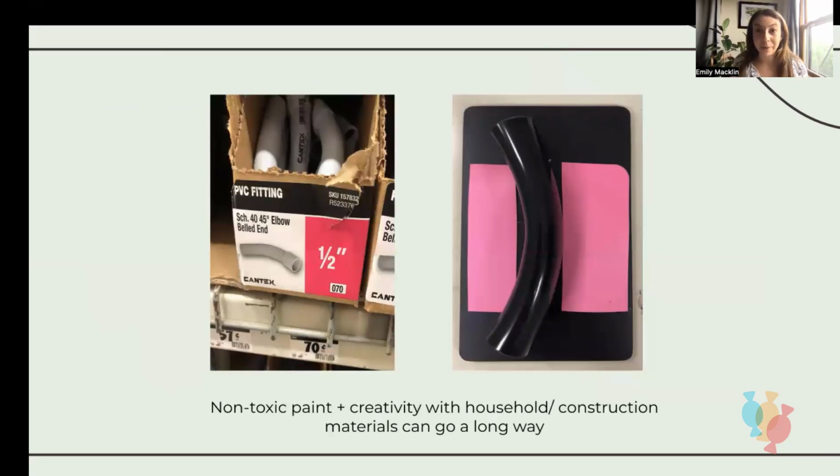These things don't have to be expensive. Some non-toxic paint and a little bit of creativity with household and construction materials can go a long way. So I believe this was at Home Depot. You can see this PVC pipe, this elbow end felt like the steering wheel, available for 70 cents.